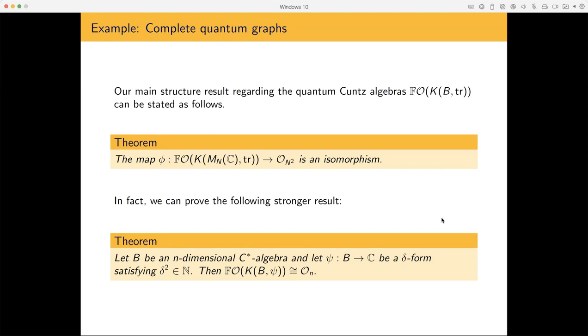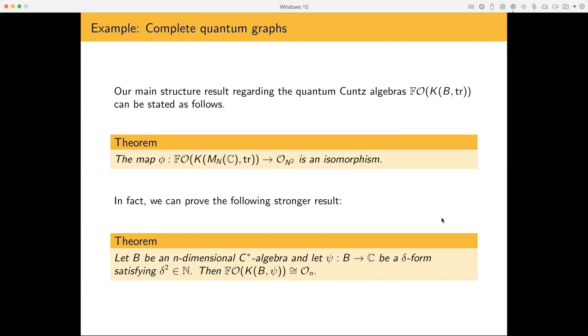That's a very good point. When we started out, we thought, okay, Cuntz-Krieger algebras associated to finite matrices are unital, so maybe we should also have a unit condition in our setting. And in a sense, we couldn't quite make sense of that.